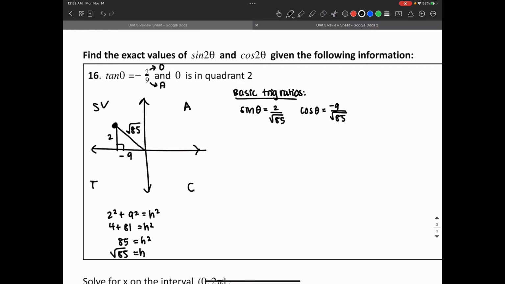And then for the double angles, I'm going to do sine of 2 theta is equal to, I know my trig identity says that's equal to 2 times sine of theta cosine of theta. And so I'm going to use the basic trig functions, sine of theta and cosine of theta, and I'm just plugging it into that formula.